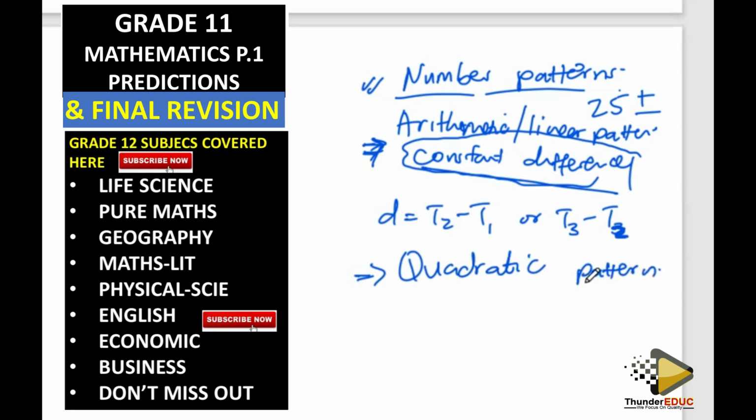So the general term of the linear or the arithmetic, we know the Tn is always going to be An plus C or An plus D. It doesn't matter. But I don't want to use the D part because it will mean something else.